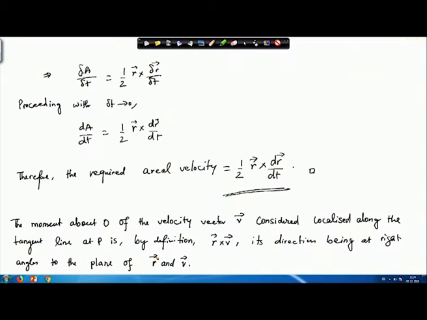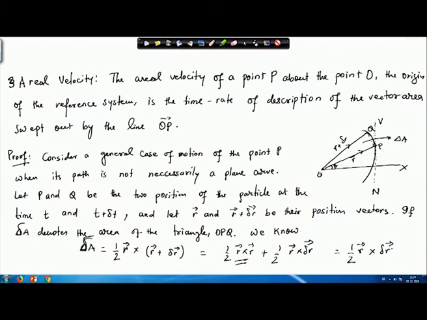All right. So, it is actually at right angles to the plane of r and v, and if we consider this, so this is our n. So, if we consider this as the perpendicular whose length is small p.